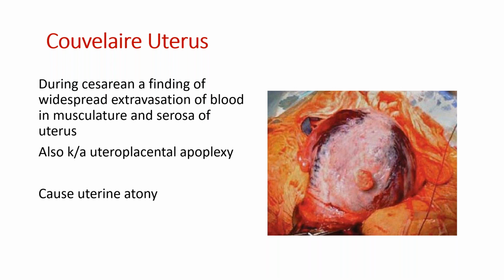It is also known as uteroplacental apoplexy. The main concern with this situation is that because of stagnation, a hematoma forms between the musculature of the uterus and the serosa.